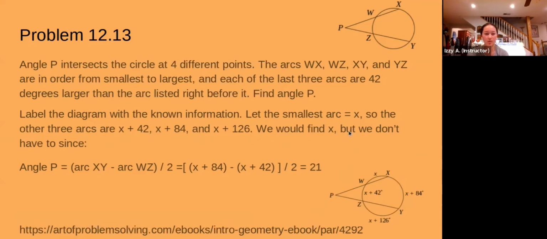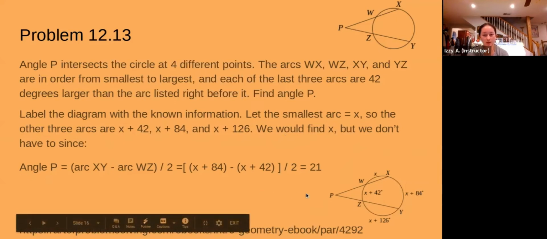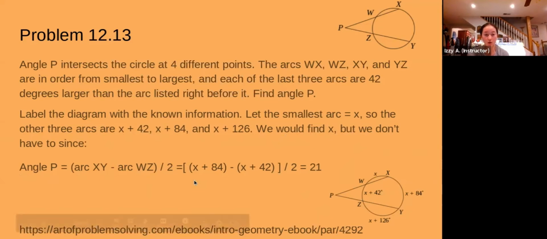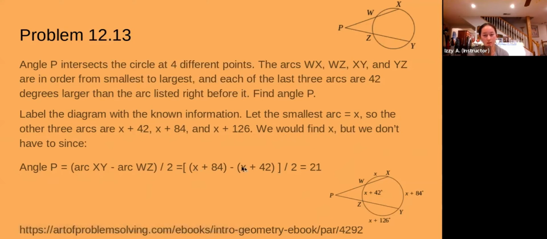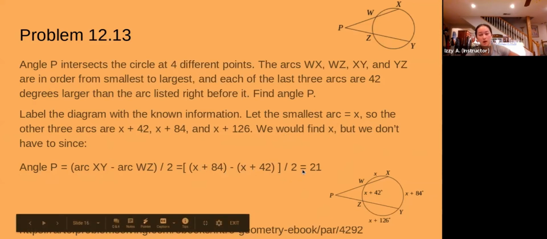We would find x, but we don't have to because angle P is equal to the difference of arc XY and arc WZ over 2. So if we plug in those numbers, we get x plus 84 minus x plus 42. The x's cancel out, and you divide that by 2, and in the end you get 21.